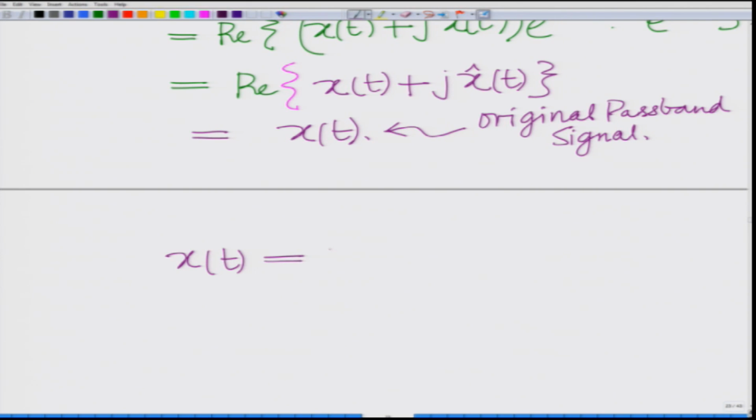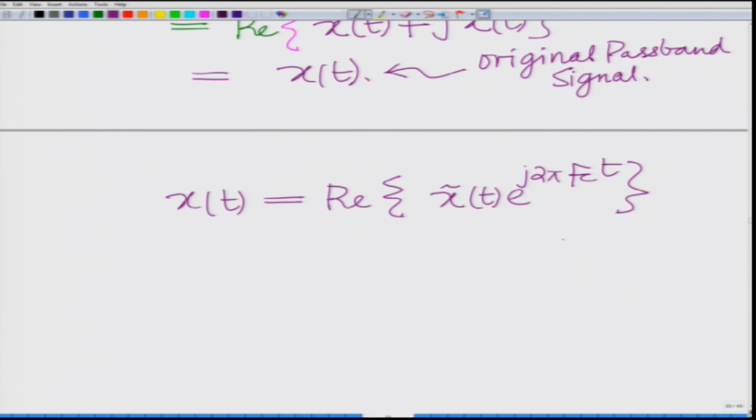Therefore, one can write the passband signal x t as x t equals real part of x tilde t e to the power of j 2 pi f c t. So, this x tilde t is the envelope, because if you look at the magnitude of this quantity x tilde t e to the power of j 2 pi f c t, that is magnitude x tilde t.